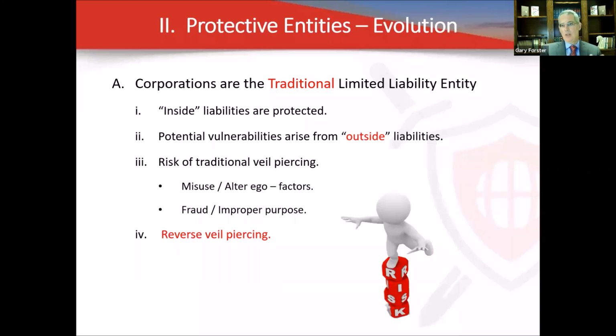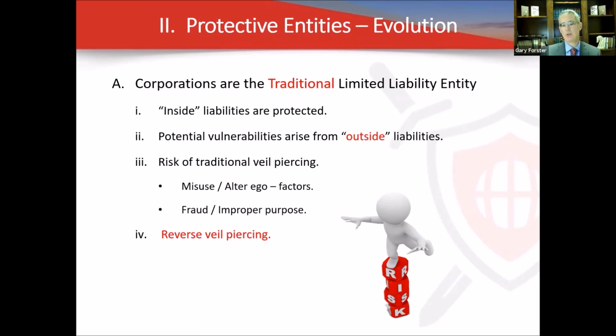In terms of basics on entity protection, this slide's on corporations. Corporations are formed because what you do inside the corporation, if you don't engage in any fraud or abuse, and you segregate, you don't treat the corporation as your personal piggy bank.